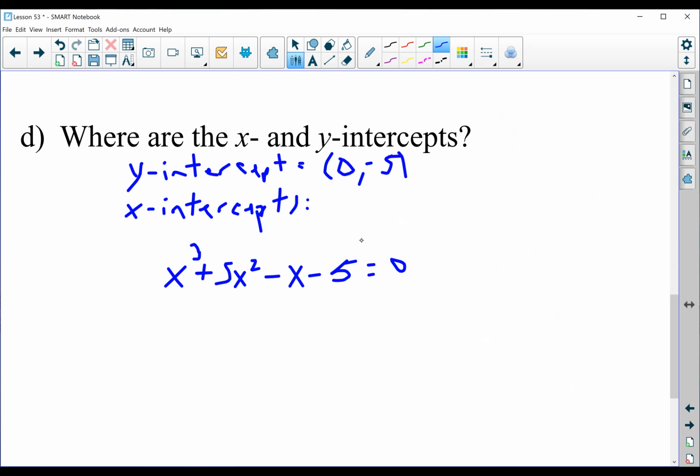In order to factor this, I would factor by grouping. I'm going to group that together. I'm going to group that together.